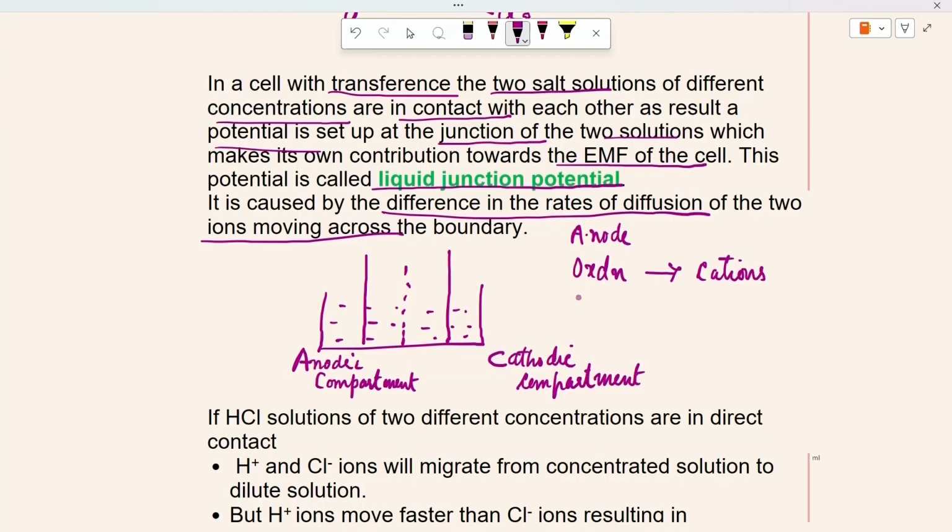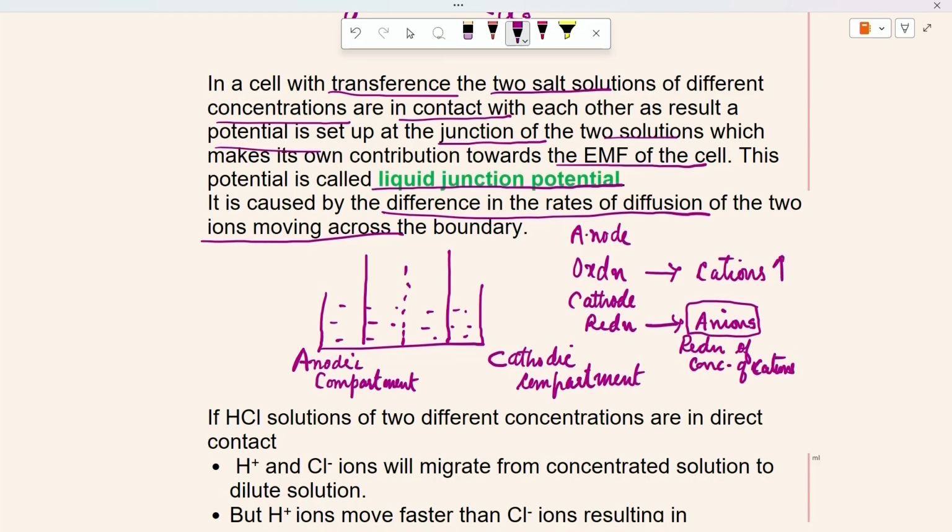Now, at the cathode, we know the reduction is occurring and there will be a reduction in the concentration of cations.